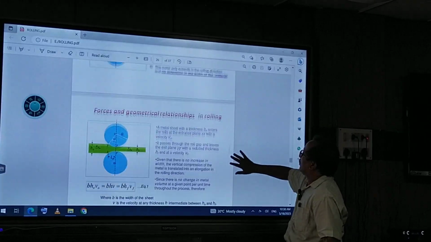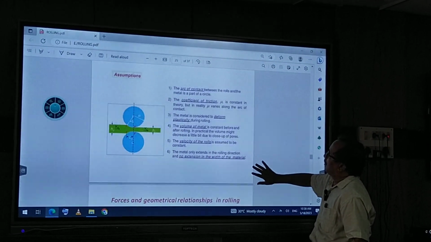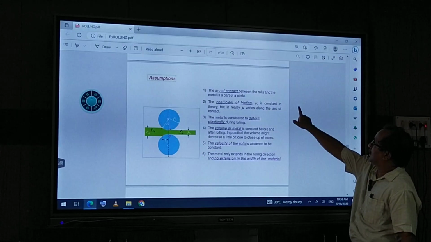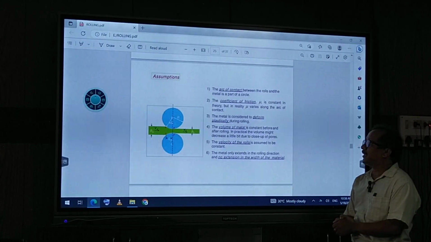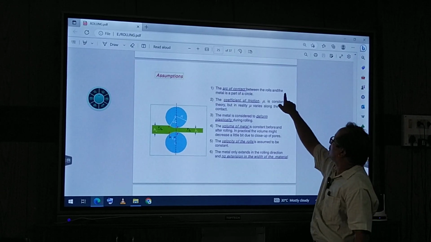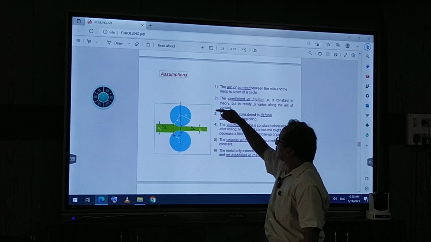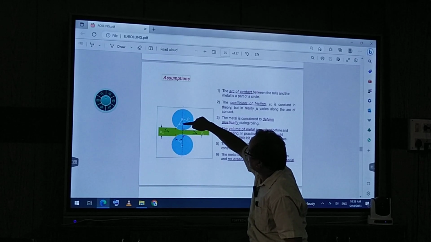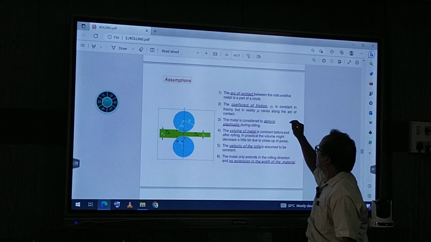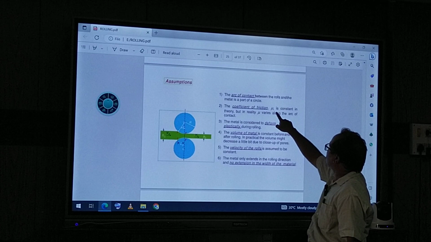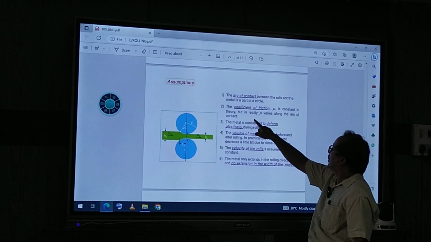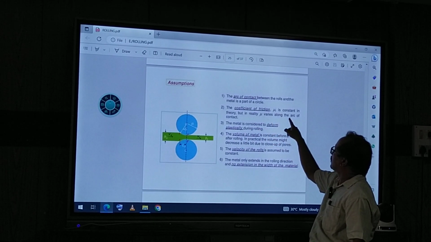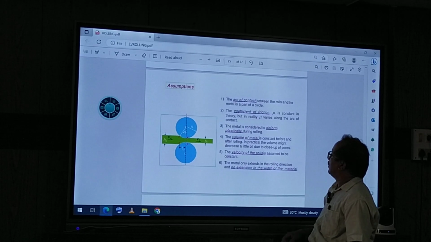Another important point we know is about the arc of contact. What is the arc of contact? The arc of contact between the rolls and the metal is the part of the surface. This XY is your arc of contact, that is alpha. Then the coefficient of friction, mu, is a constant in theory, but in reality mu varies along the arc of contact.